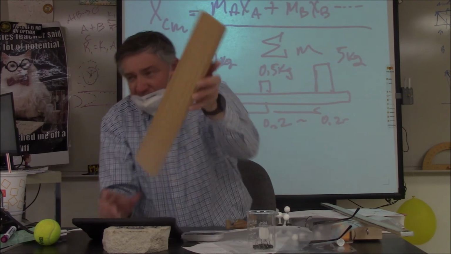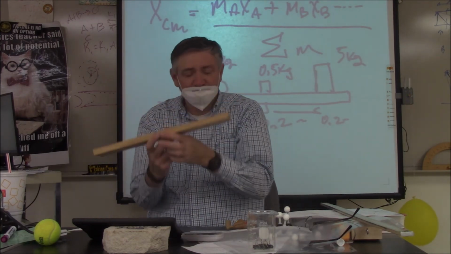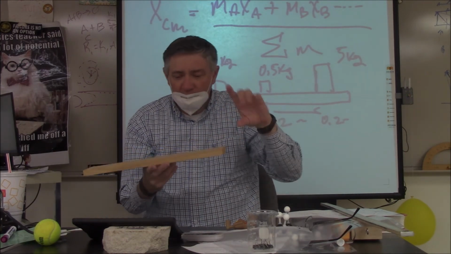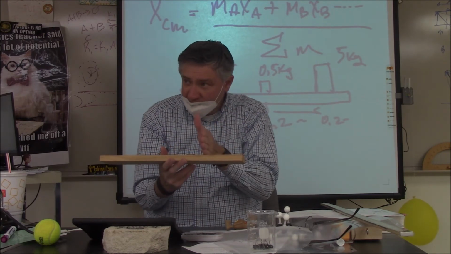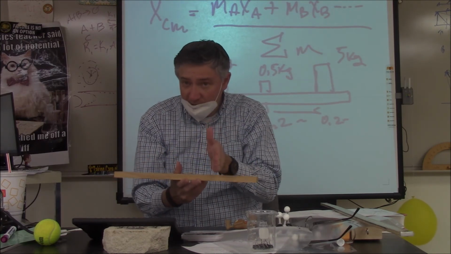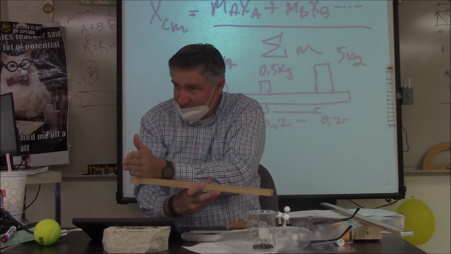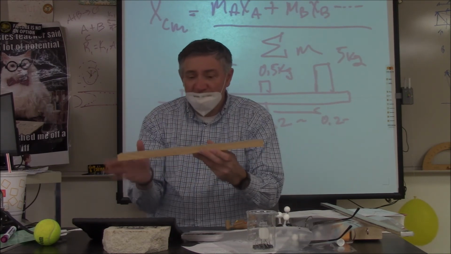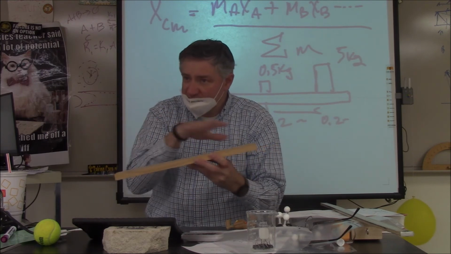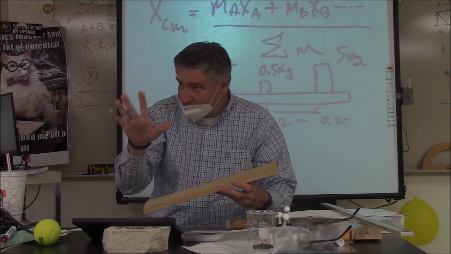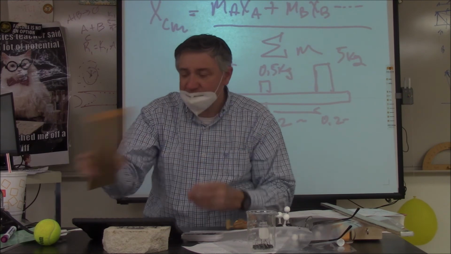So in other words, imagine this board. I'm going to measure in 0.2, put the 1 kilogram mass, a half a kilogram mass, and then a big 5 kilogram mass. So what I want to figure out is where is this thing going to balance? That's what I'm going to try and find.